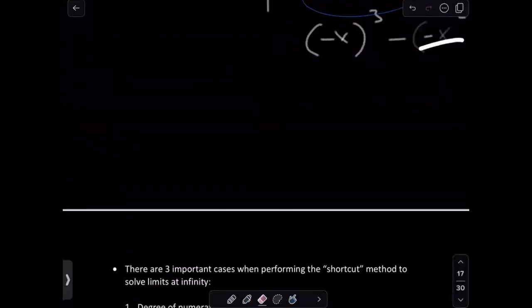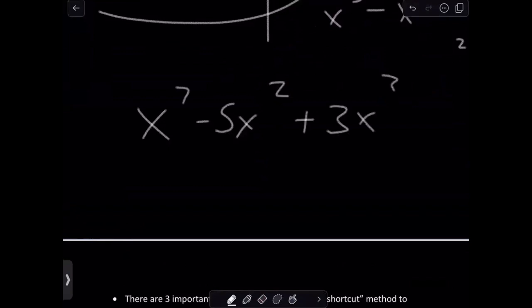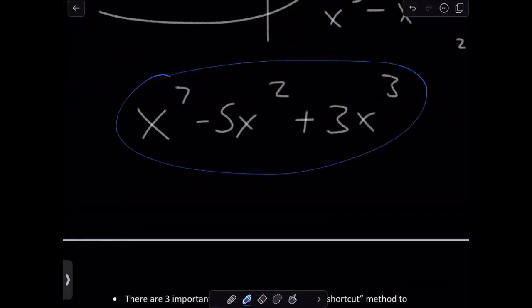Let's get rid of all of this. Okay, so let's say I give you a polynomial, say x to the 7 minus 5x squared plus 3x cubed. And I ask you, what is the degree of this polynomial? Well, the degree is 7. But what is degree and how do I know it's 7?